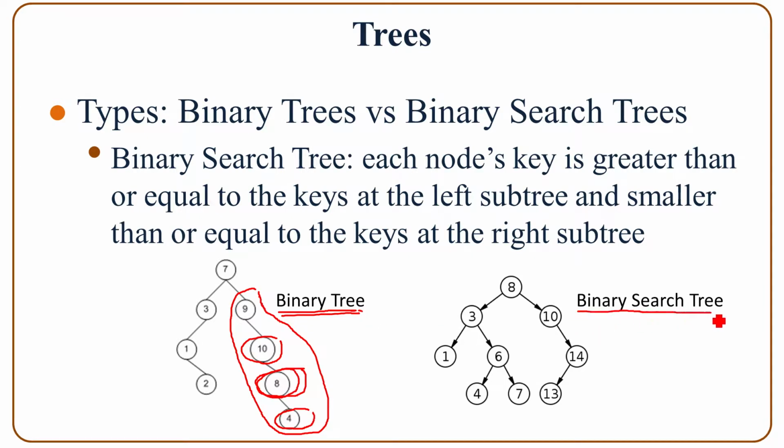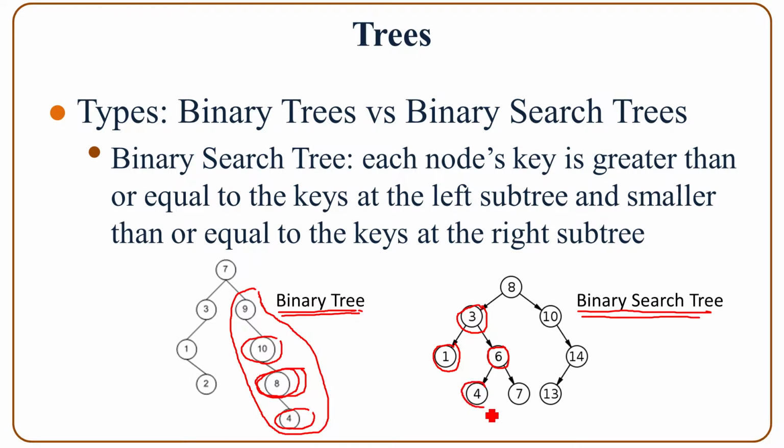On the right side, this is a case of a binary search tree, because if you look at the tree, node 1 is less than 3, and 3 is in its turn less than 6. Look at the left node of 6.